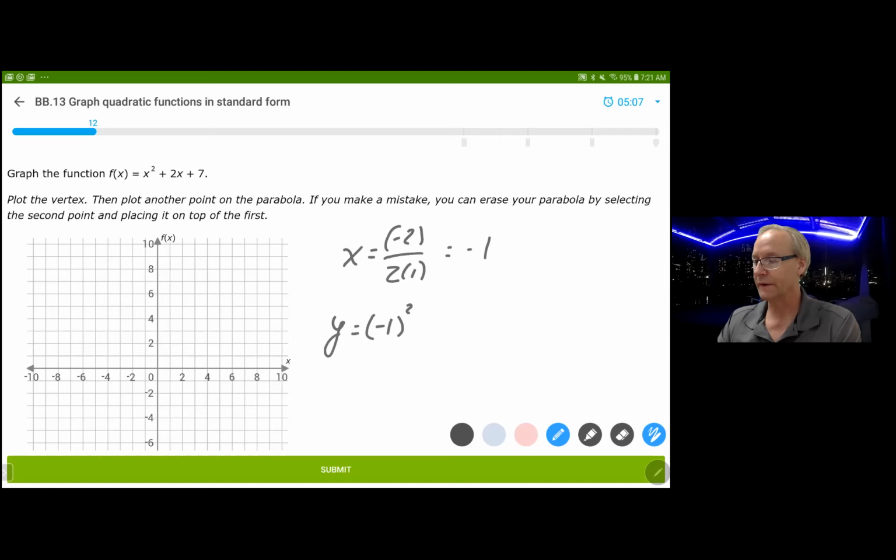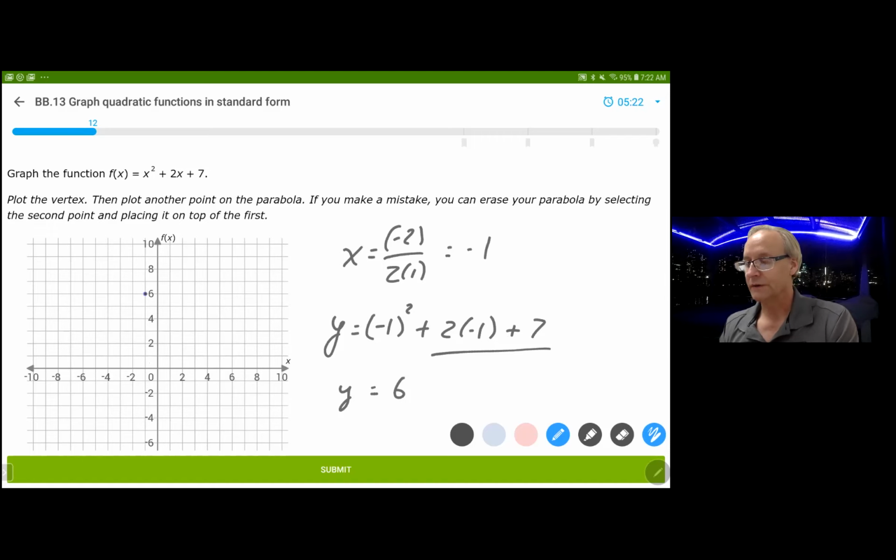Remember, that's inside parentheses, plus 2 times negative 1 plus 7. Well, that is 5 plus 1 more makes 6. So negative 1, 6 is our vertex. Now it's going to be in the positive direction, isn't it? And it's going to be a standard parabola. Standard again, 1 to the right means 1 up, and 2 to the right means 4 up, and so on.